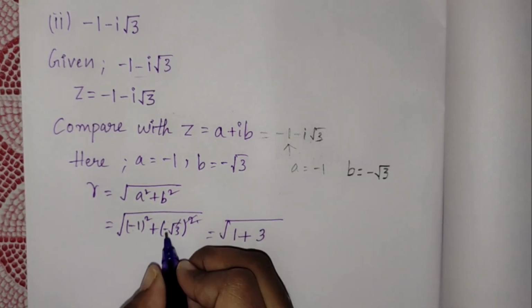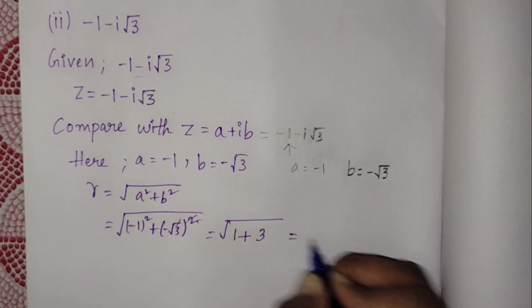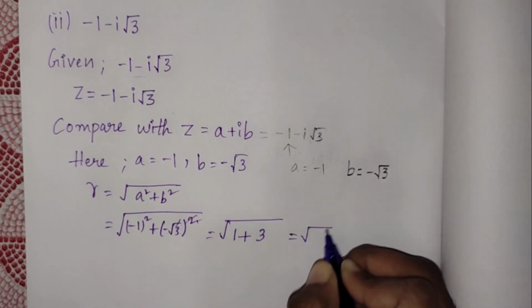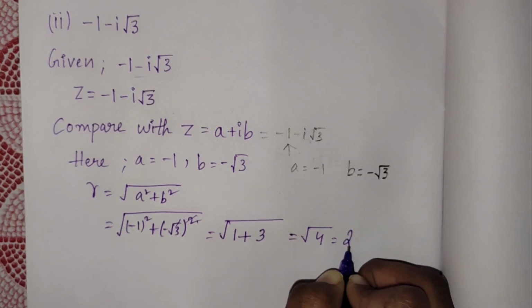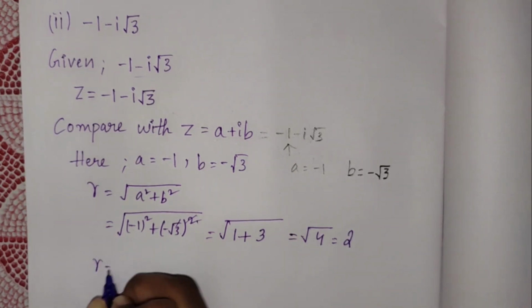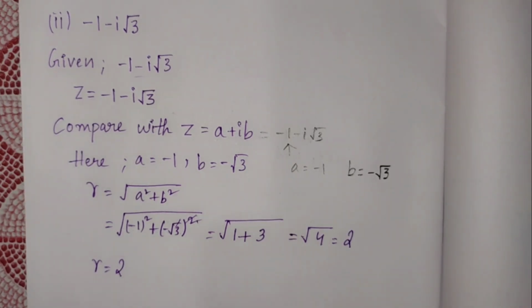Minus will become plus, square root get cancelled. So root over 1 plus 3 is 4. Root 4 equal to 2. R equal to 2.